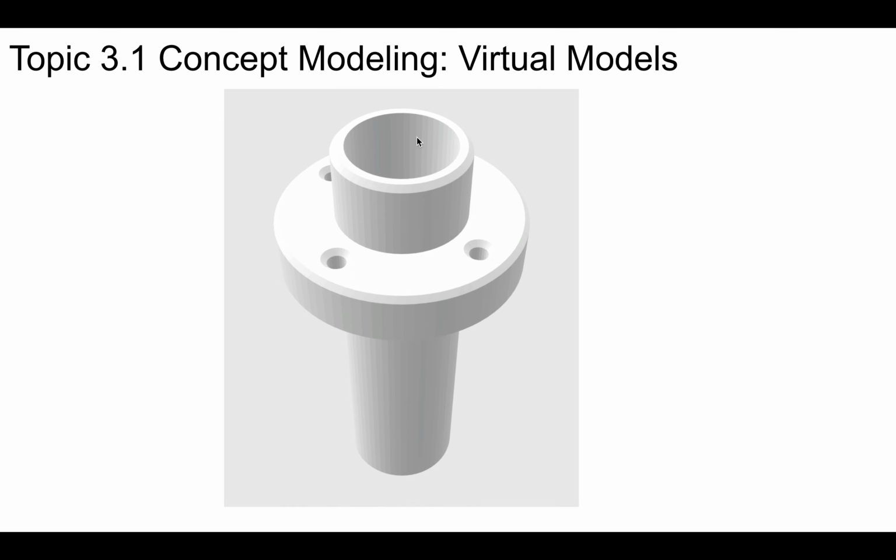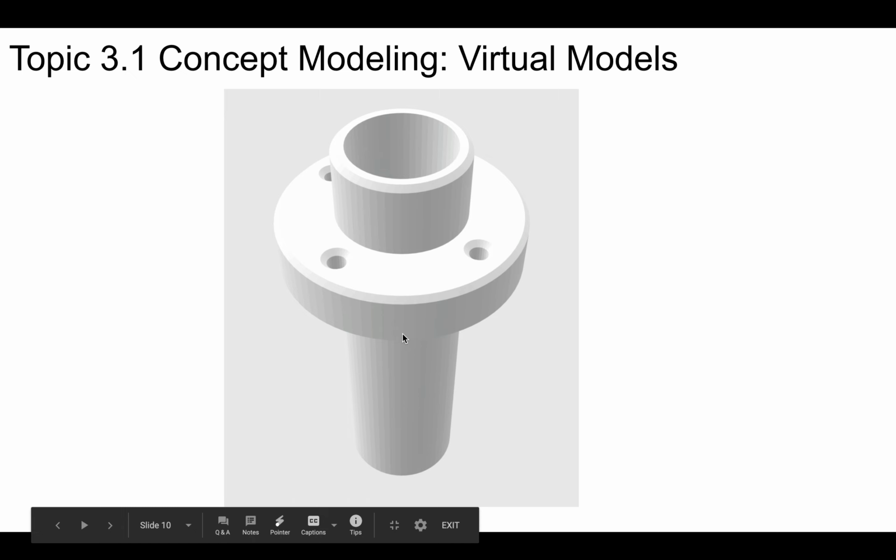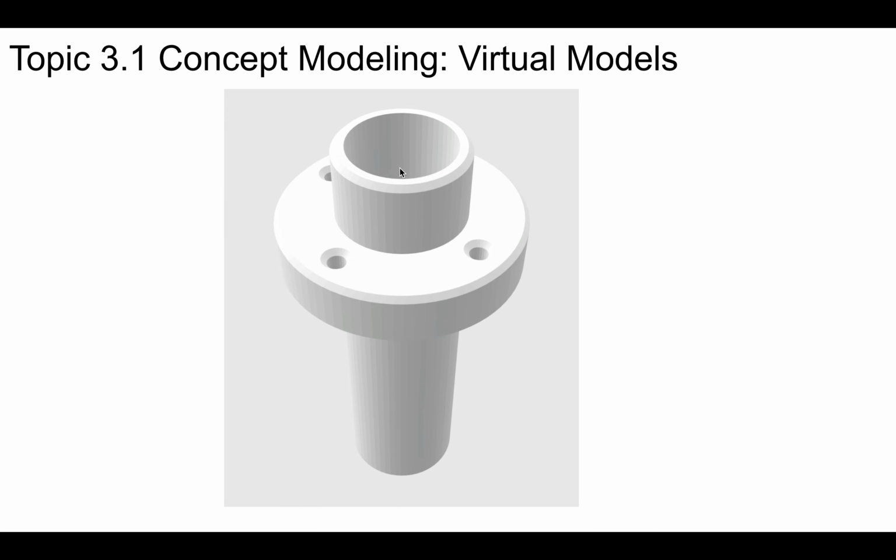So they needed something that would attach on the side of the boat with these screws and had a nice deep well down here. And so a concept, I modeled it, and then I showed that concept to the client so that they would understand whether that meets their needs or not. If not, then what I would do is redo it so that they could actually see it again and see if that meets their specifications better.